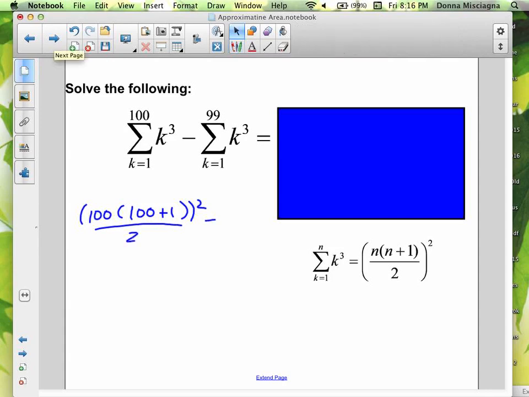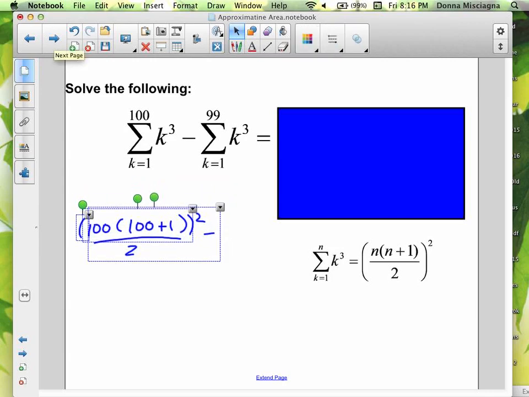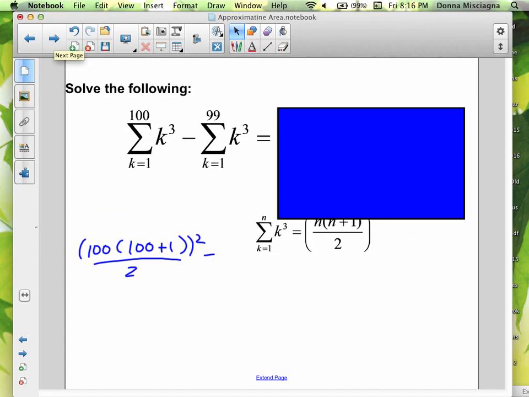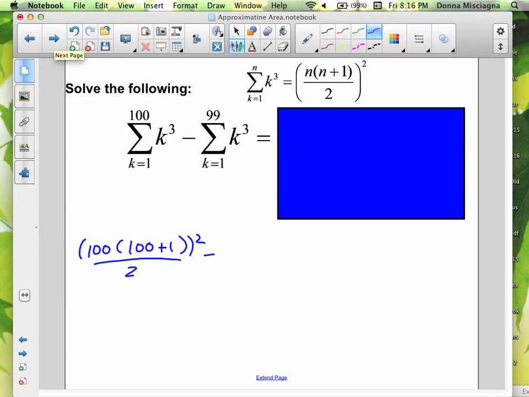I don't have much space here. I need to move this. Maybe this wouldn't mind being out of my way. There we go. I need more space. And then 99 times 99 plus 1 squared divided by 2.